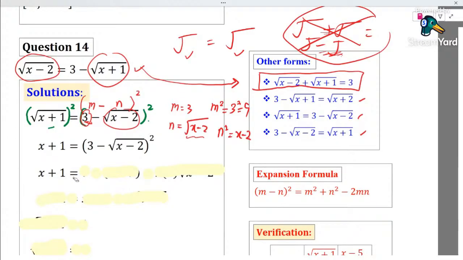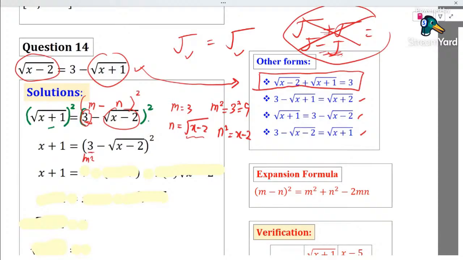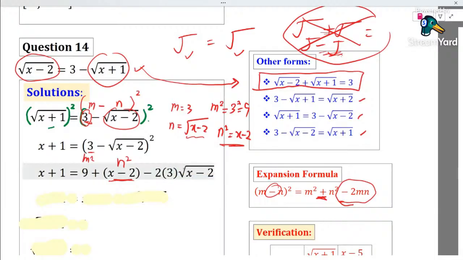The right hand side, watch out, start with m squared, where m squared is 3 squared, which is 9, plus, according to the formula, the minus is considered when we have the 2mn. Plus n squared. n squared is x minus 2. I purposely put the bracket so you can see clearly that this is the whole thing for n squared. Then minus 2 times m and n. So minus 2 times m and n.